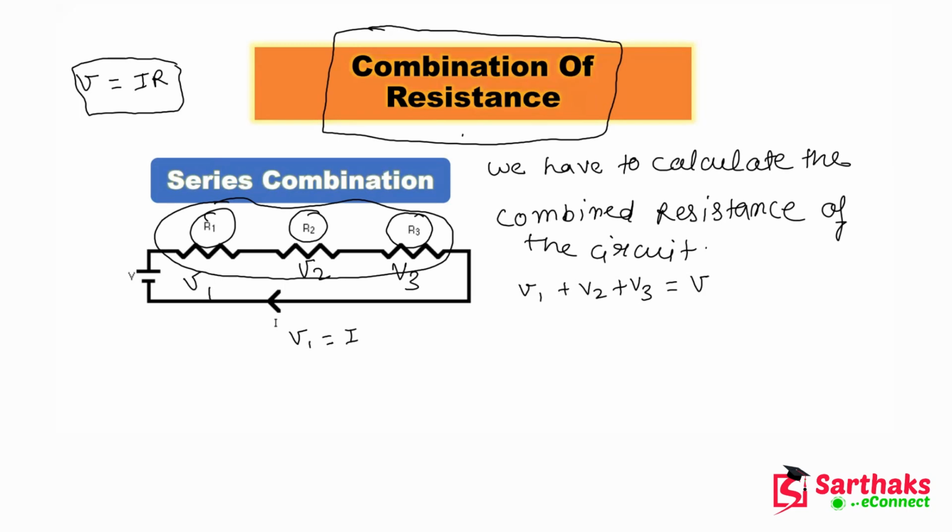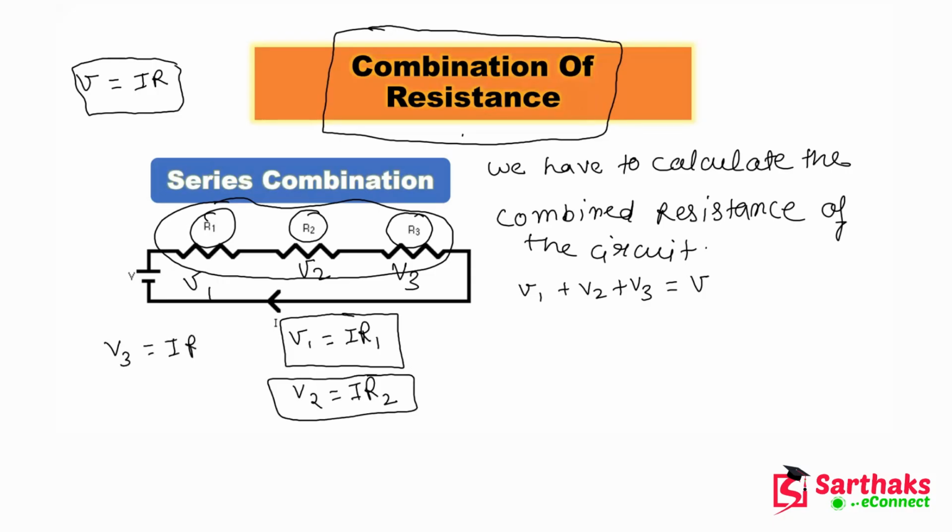So the potential difference on resistance R1 is V1 equals IR1. Similarly, V2 is IR2, and V3 is IR3.